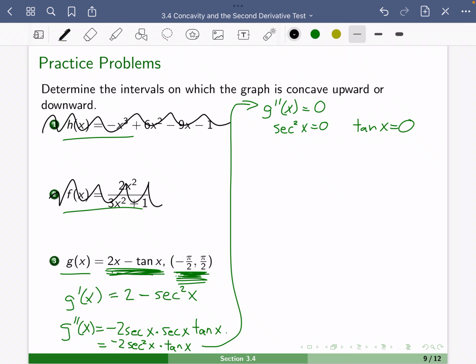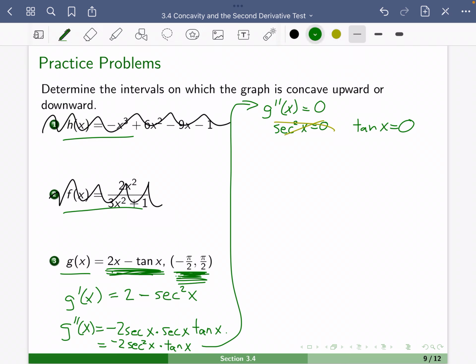Secant squared is never going to be 0. It has a graph whose range goes from negative infinity to negative 1, and then from positive 1 to infinity, but it never gets anywhere between negative 1 and 1.